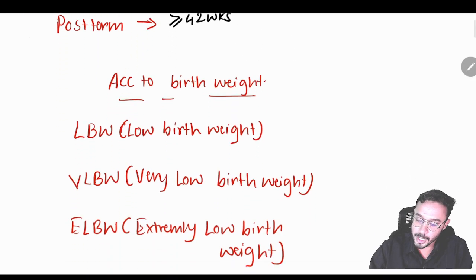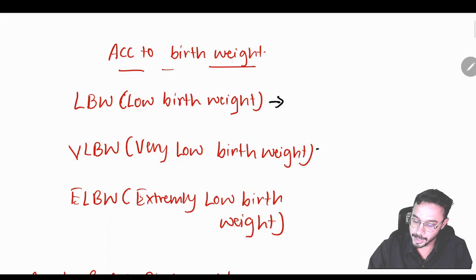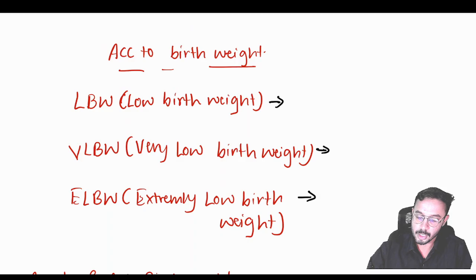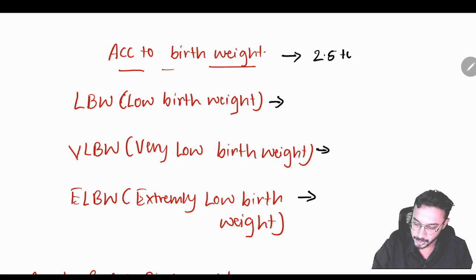According to birth weight, the babies are divided into three types. Very important: low birth weight babies, very low birth weight babies and extremely low birth weight babies. Normal baby weight is 2.5 to 4 kg. Anything greater than 4 kg is macrosomia. What is the cutoff for low birth weight?